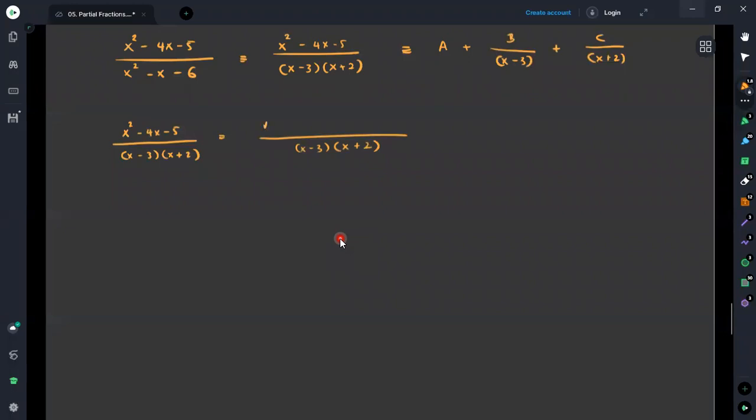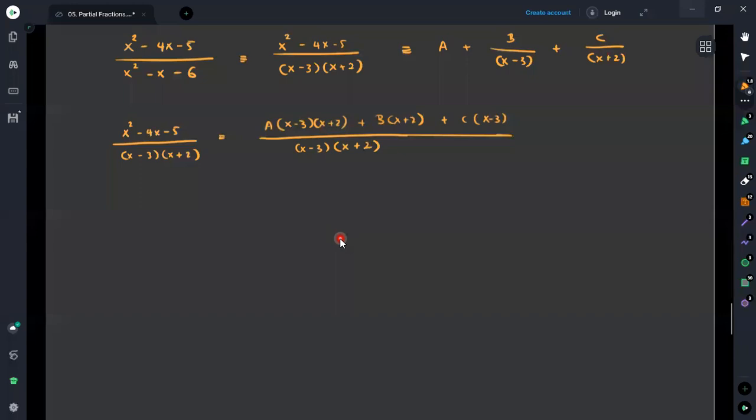Solving this gives a times x minus 3 x plus 2, plus b times x plus 2, and then c times x minus 3.